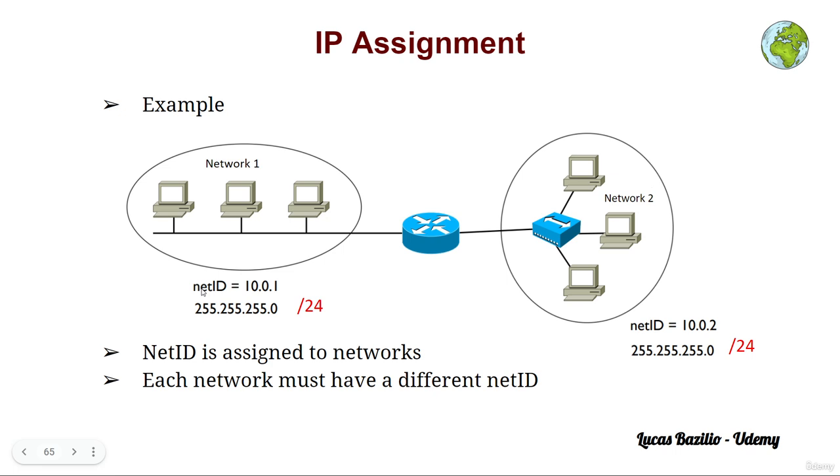Now the net ID will be, for instance, 10.0.1 for network 1 and 10.0.2 for network 2. This notation is correct because they are different, and we selected 3 decimal places for each of them.